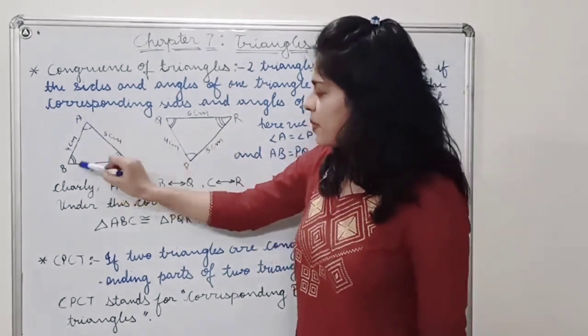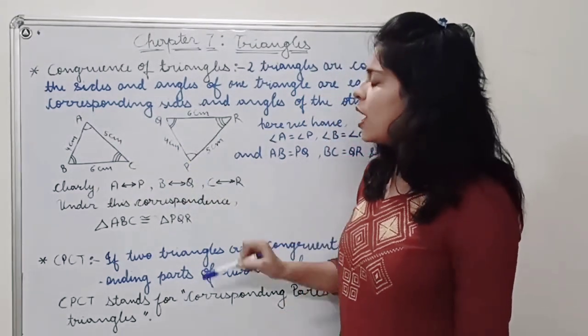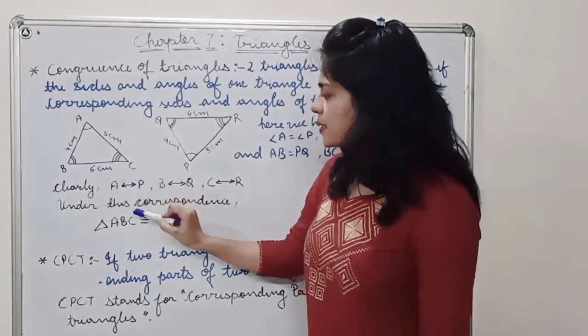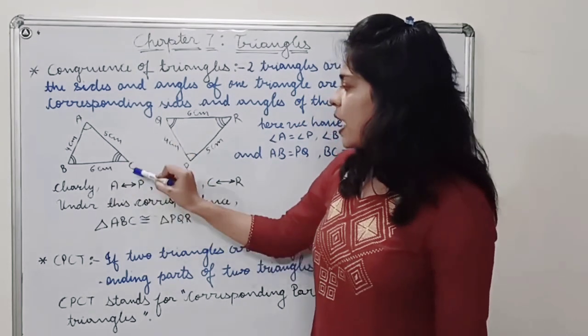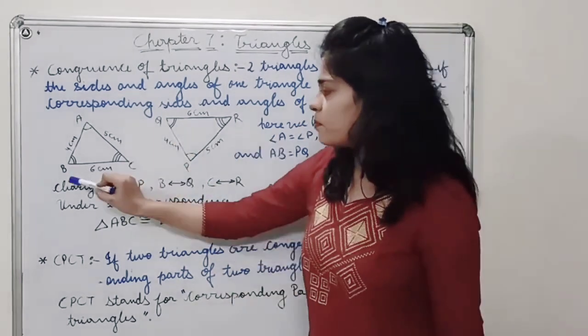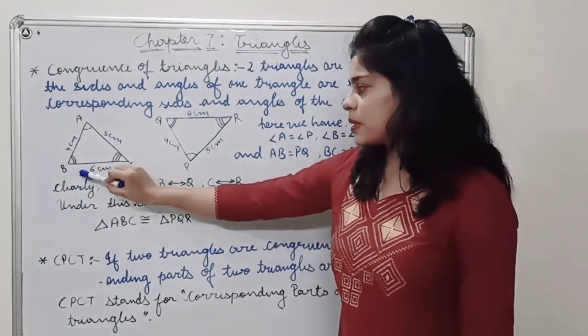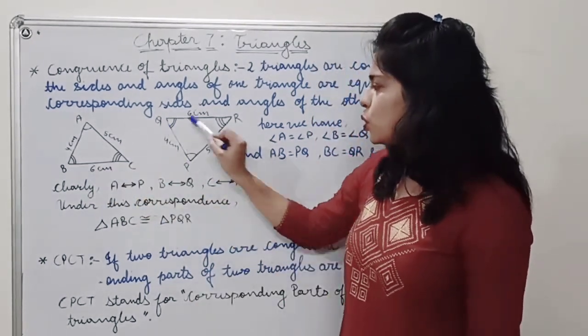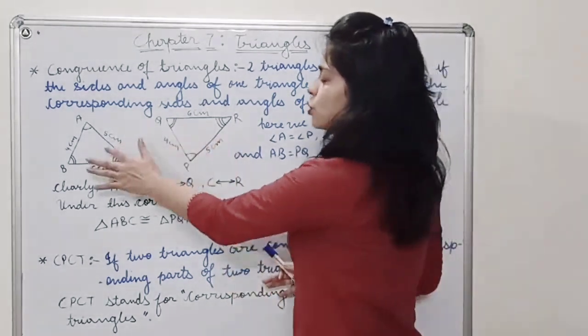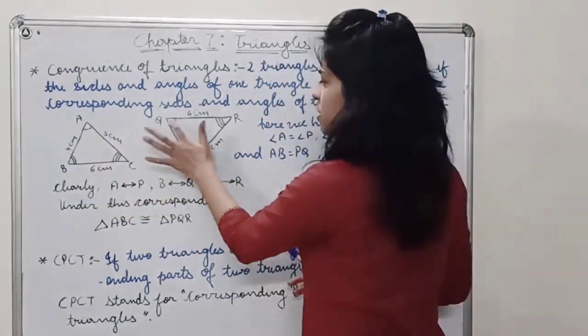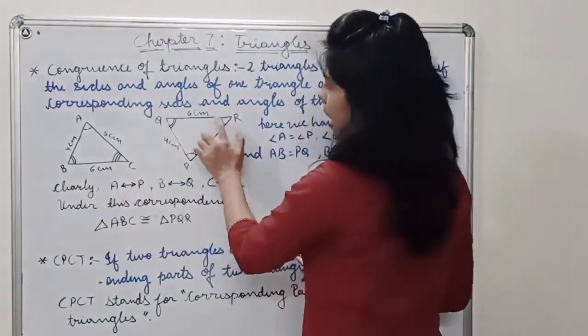Okay, so AB is equal to PQ. Also, under this correspondence, as B is corresponding to Q and C is corresponding to R, the two sides of these two triangles will be BC and QR, not BC and RQ.